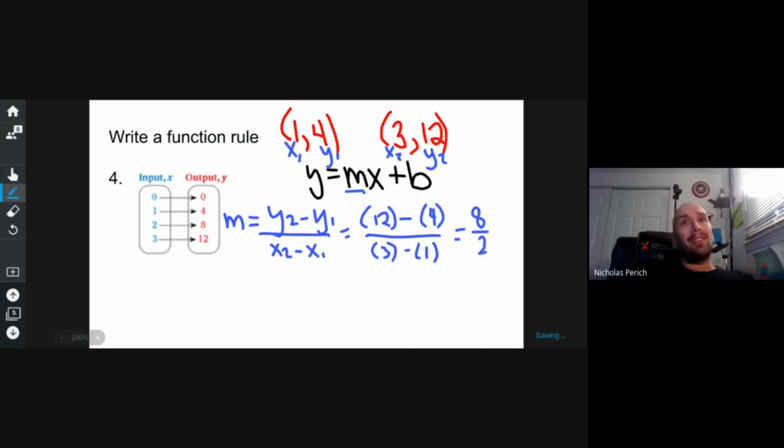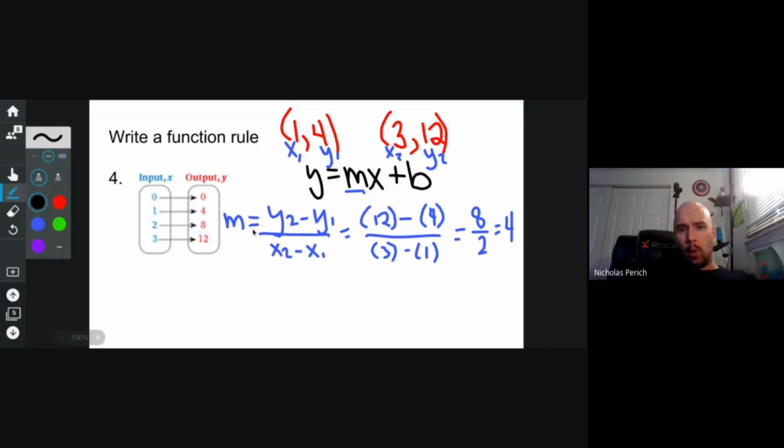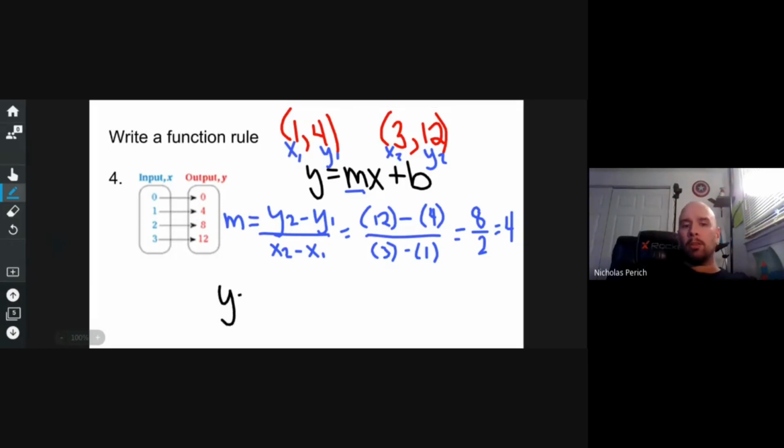And last time I checked, 8 divided by 2 is 4. So now that I found m, I can say y equals mx plus b. M is 4, so y equals 4x plus b.